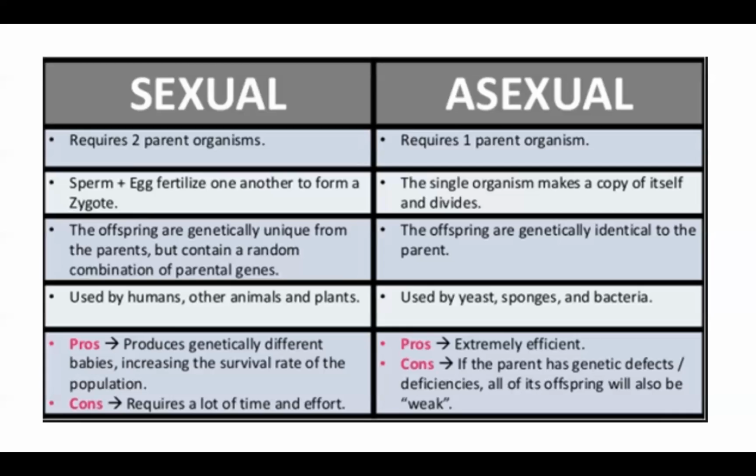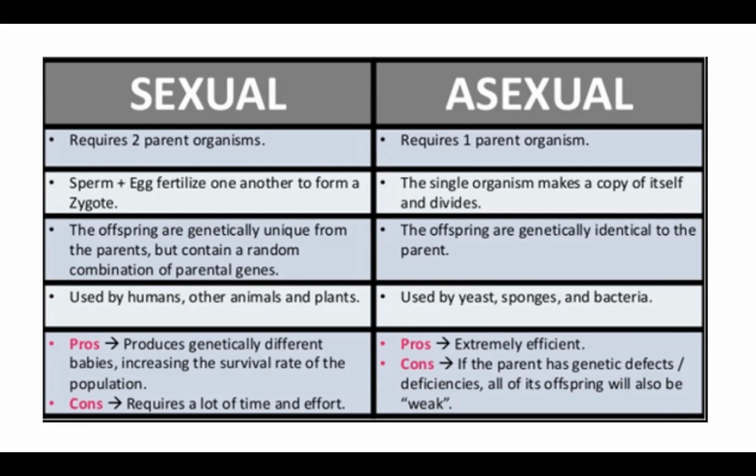So whatever genotype the parent has, that's what we're going to see in the offspring. This process is used by yeast, fungi, and bacteria. Budding and fragmentation are used by yeast and so forth, and bacteria utilize binary fission.